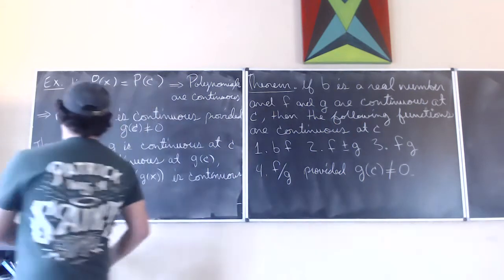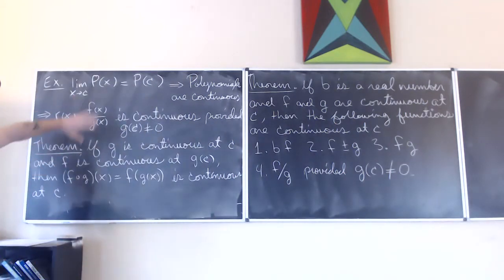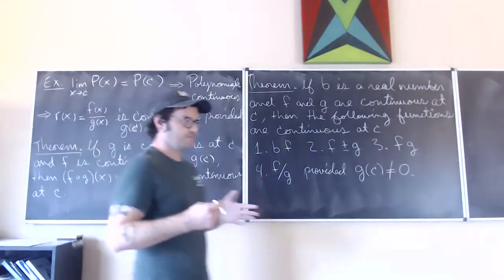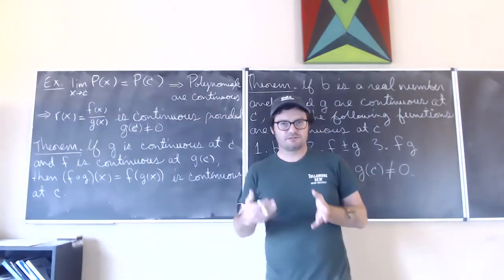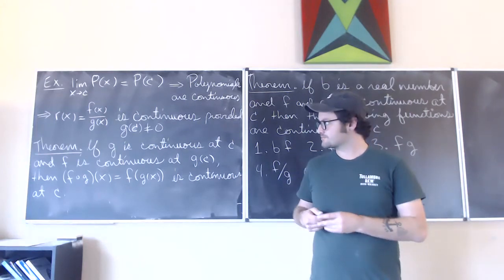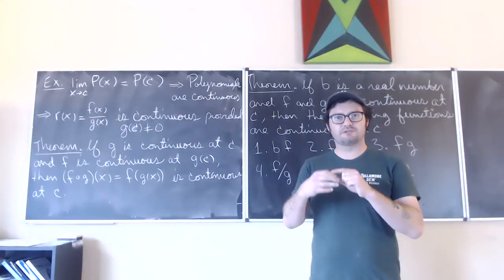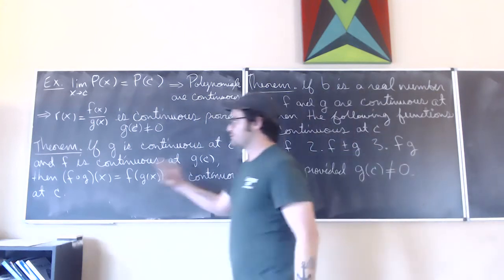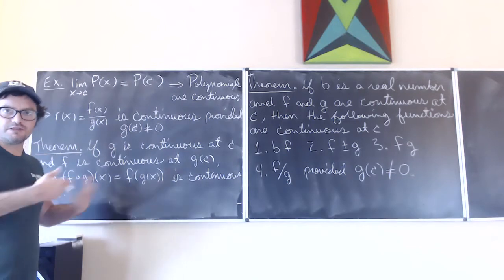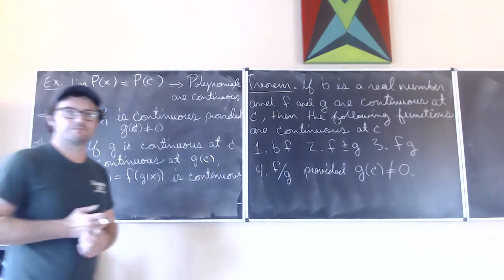So for example, we have polynomials are continuous, and we know that square roots are continuous provided the value that you're evaluating it at is positive. So then we can take square roots of polynomials provided we're not taking a negative square root, and then that function is also going to be continuous.